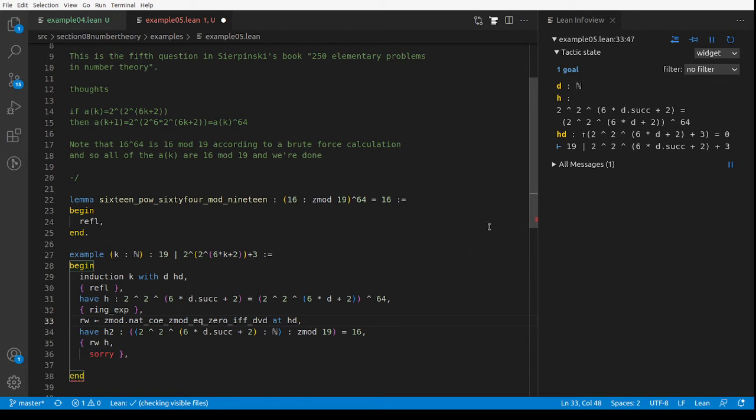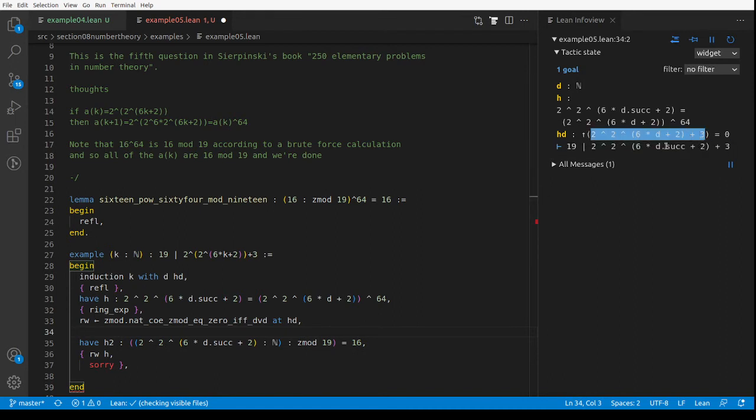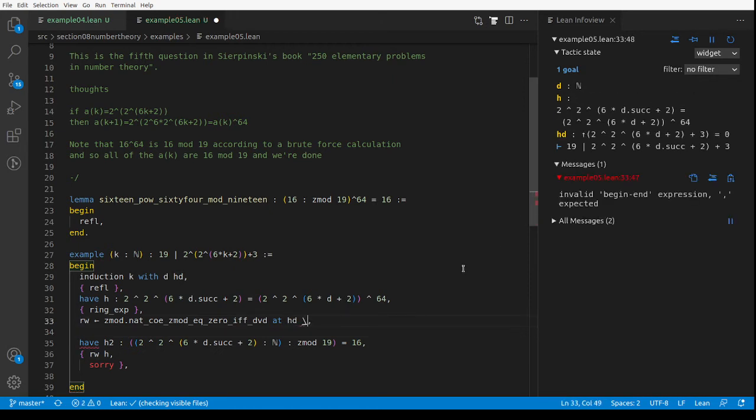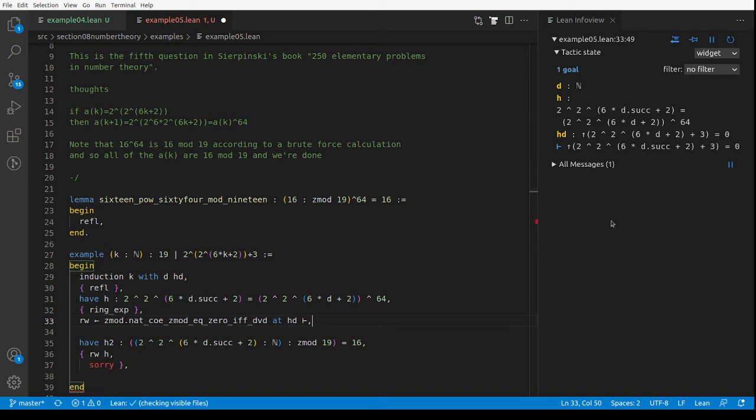HD says that this thing is right. So now I wonder whether I know I want to. I could rewrite this at HD and at the goal there, and now I wonder if I can get away with not doing any more halves at all.